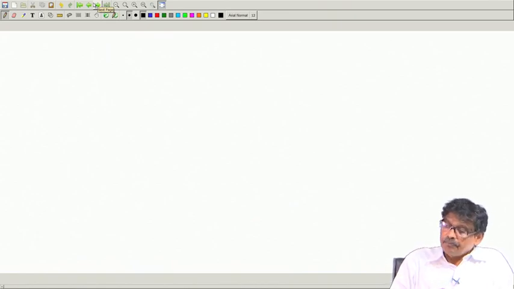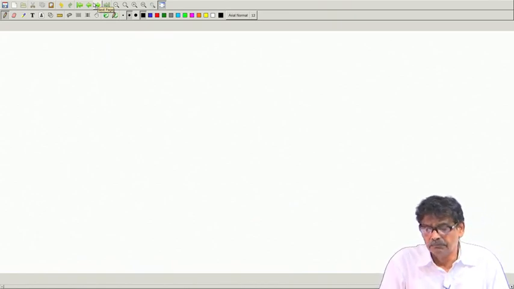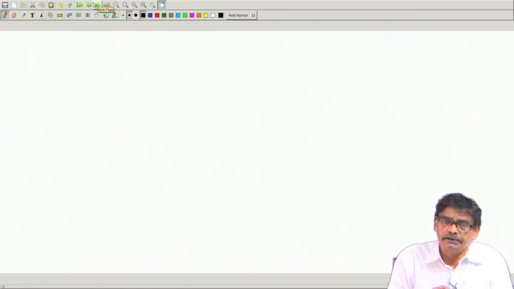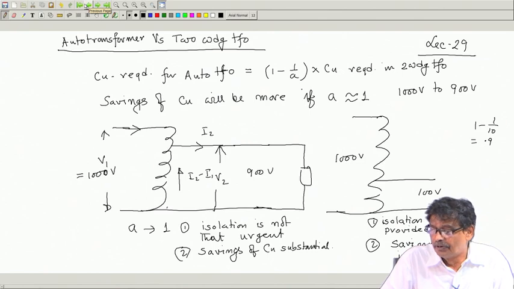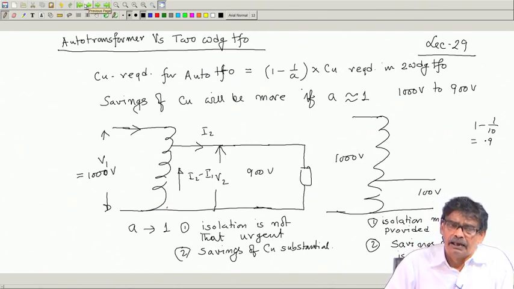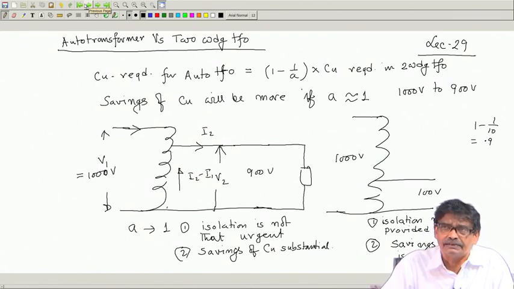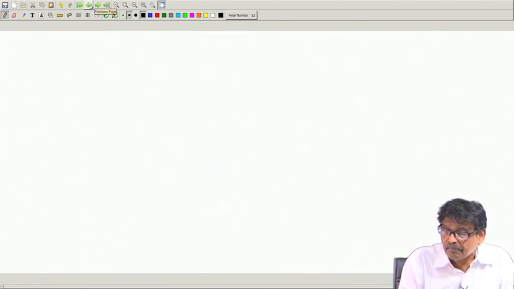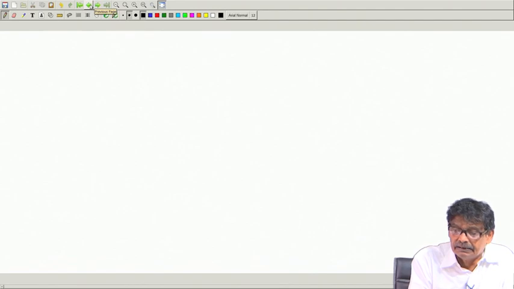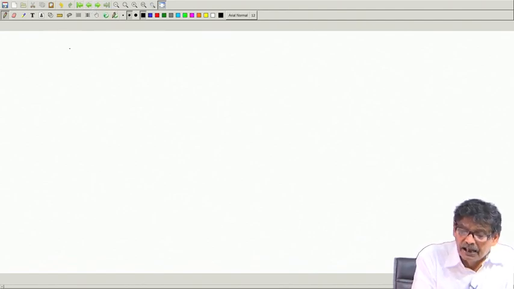Okay. Now, before I proceed further, to understand what is going on in an auto transformer, so far I have taken an ideal case, that is, transformers having no leakage impedance and so on. I will just point out one thing, in the form of a problem, so that you understand what I am trying to tell.